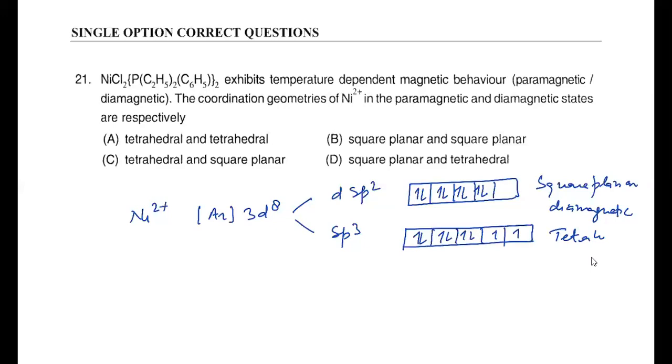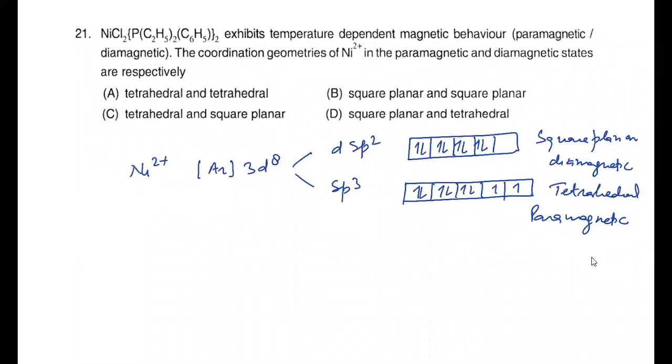The question asks for the paramagnetic and diamagnetic geometries. So you can simply write for paramagnetic it is tetrahedral, and for diamagnetic it is square planar. So as per this, option C must be correct. Easily predictable.